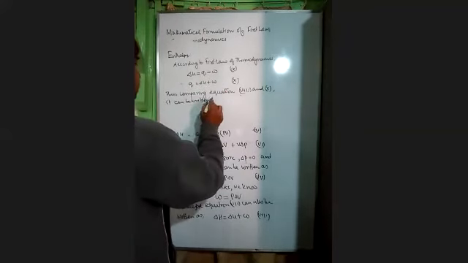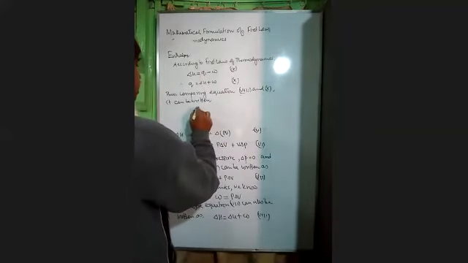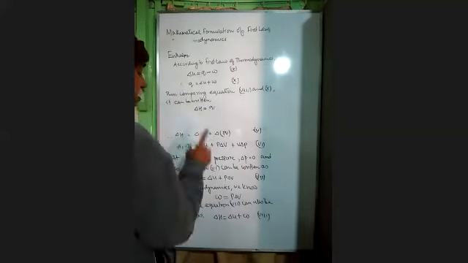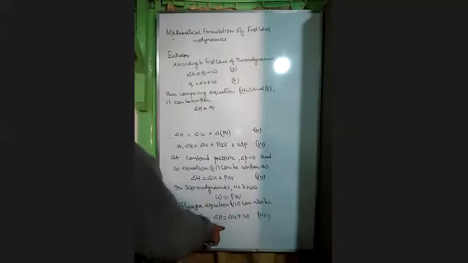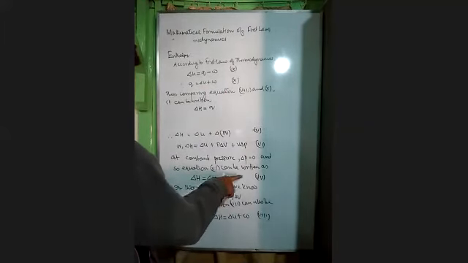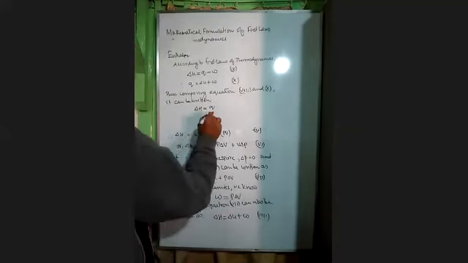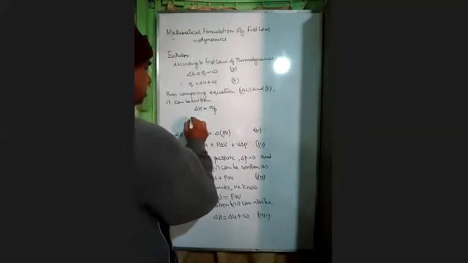It can be written delta H is equal to Q. But what is the condition? When did you get this equation? Only at constant pressure. So we write here this. This is the condition.